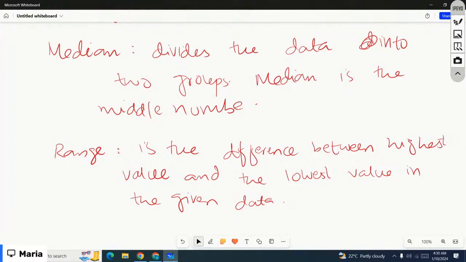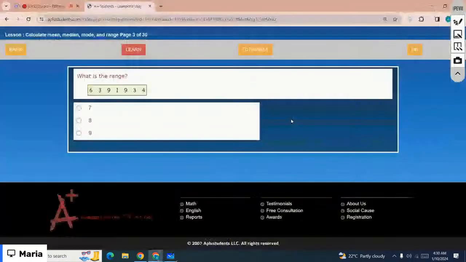So range is the difference between the highest and the lowest value in the given data. That means you need to find two things from the given data: the highest value and the lowest value.